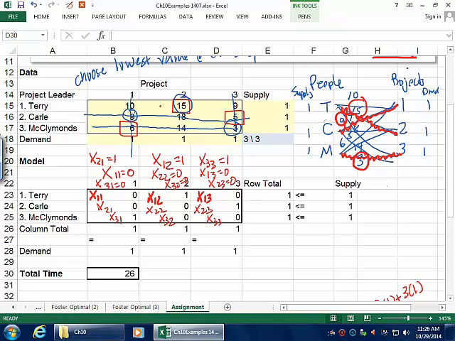So here is the change, the improved assignment. It's 6 plus 15 plus 5, so that makes sense. That adds to 26 days. Okay, any question at this point?